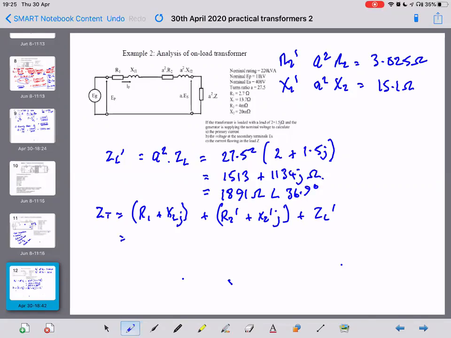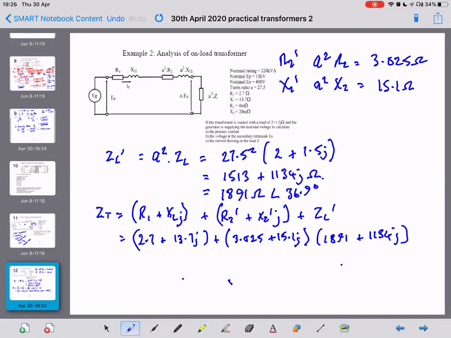So R1 is 2.7 ohms plus X1 is 13.7J, plus 3.025 plus 15.1J, and then ZL is 1891 plus 1134J.